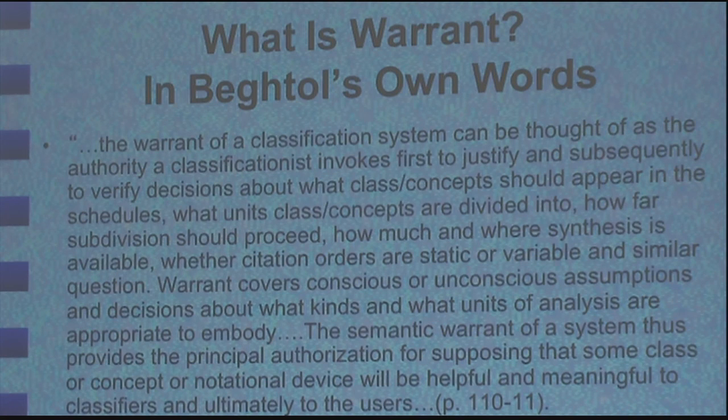How much and where the synthesis? That means the relationships among the classes. What order, citation order? This was more important back in print days. So Warrant covers conscious and unconscious assumptions and decisions that are made about a classification, and what kinds of things are warranted to put into that classification.